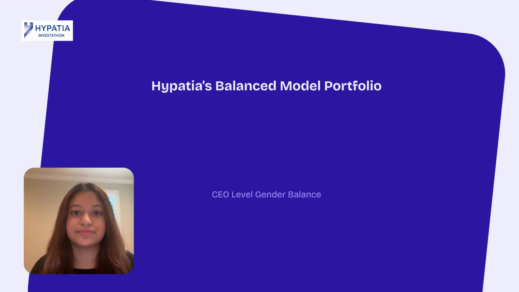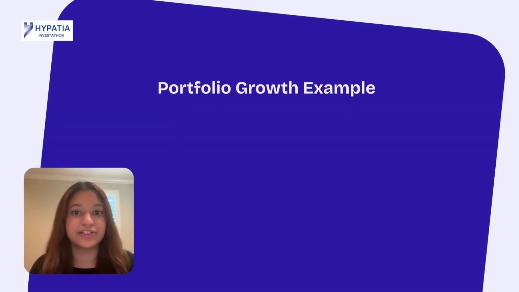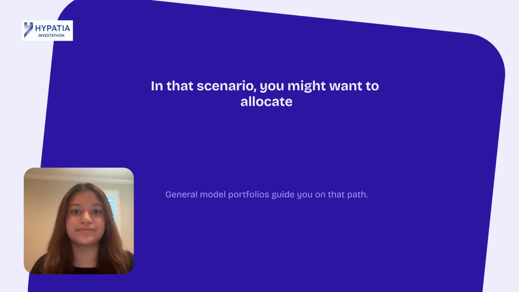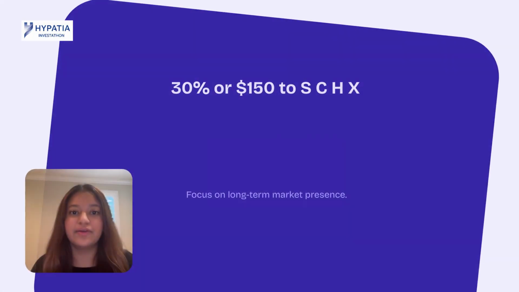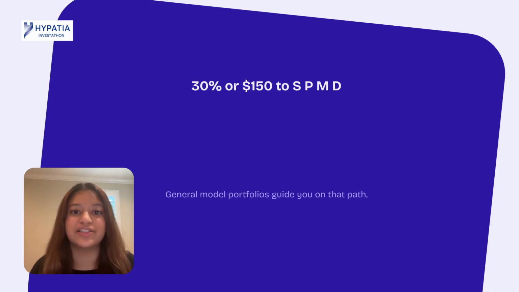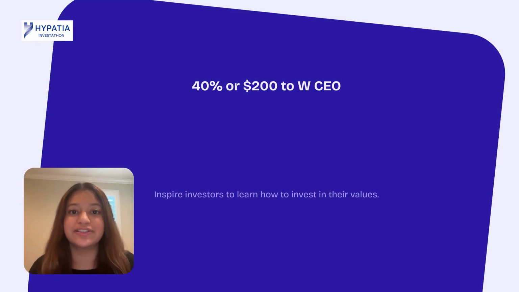For example, suppose your portfolio is now $500 through a combination of additional deposits and appreciation, which means your investments went up in value. In that scenario, you might want to allocate 30% or $150 to SCHX, 30% or $150 to SPMD, and 40% or $200 to WCEO.